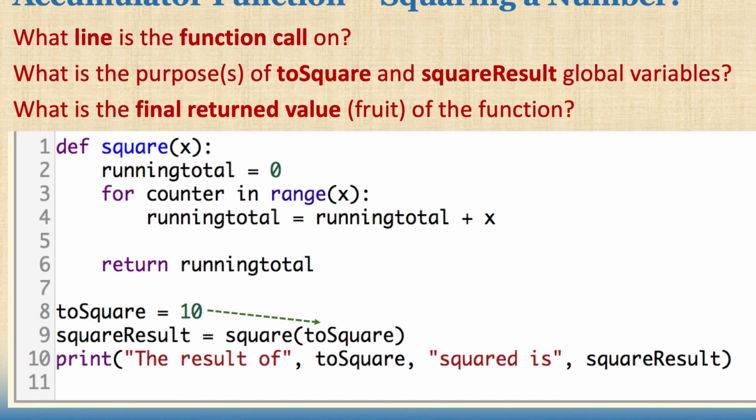So if you wanted to change 2 square to be 5, that would pass 5 in, and then it would run through that function and add 5 times and get 25. So it's just a more labor-intensive way of doing a square instead of just multiplying the number by itself.